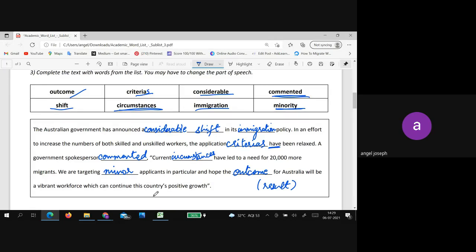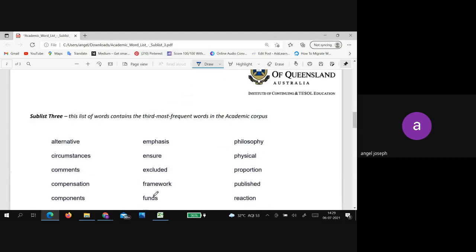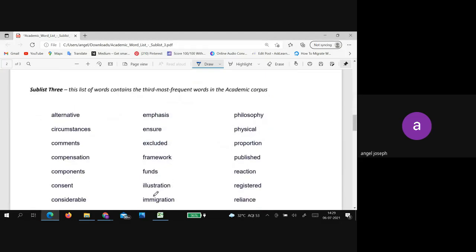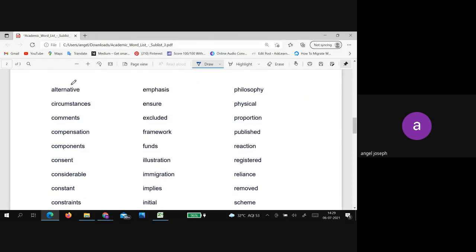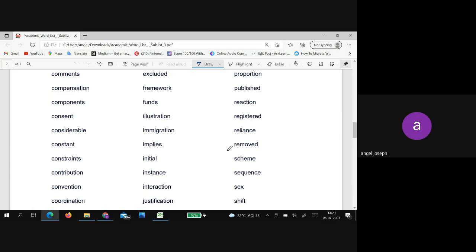We have done yesterday's sublist. The words were still easier. Here the words are a little more difficult. These are the words in sublist 3: alternative, circumstances, ensure, framework, funds, reaction, immigration, implies, contribution, all such words.